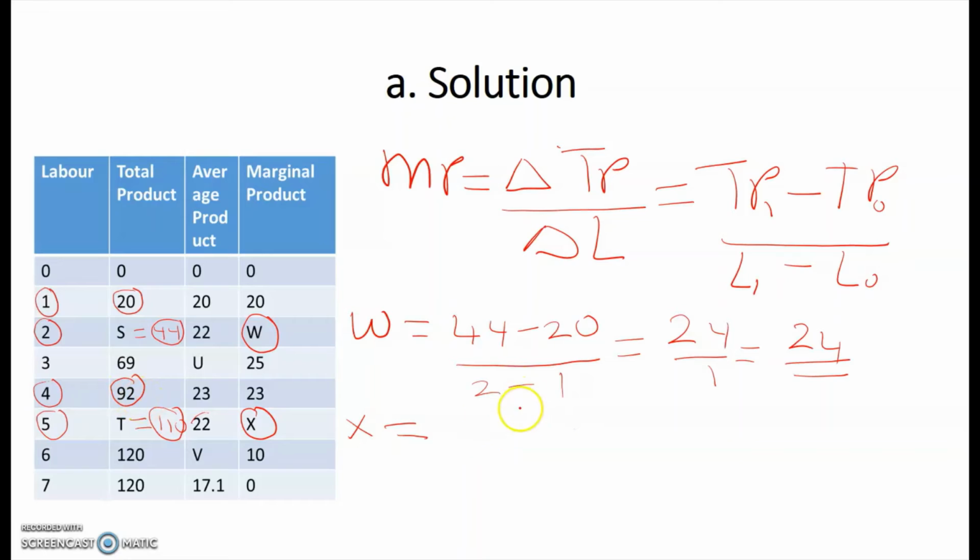So in fixing it in our formula, we'll have 110 minus 92, which is the previous, over 5 minus 4. And this will give us 18 over 1, which is the same as 18. So that is for X.